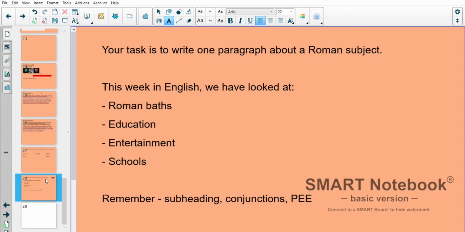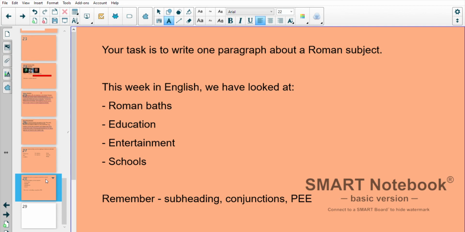But you've got to remember to do a subheading, which is like a mini title. Try to use a subordinating conjunction like while, as, because, and try and write a point and then evidence and explain it so you get a really good paragraph with lots of information. I write one paragraph there, but you can do more.